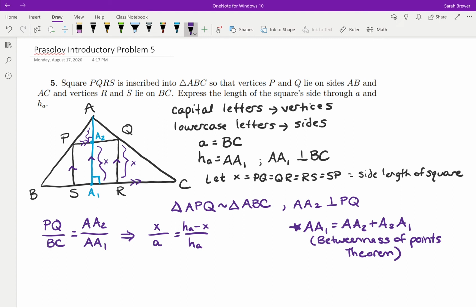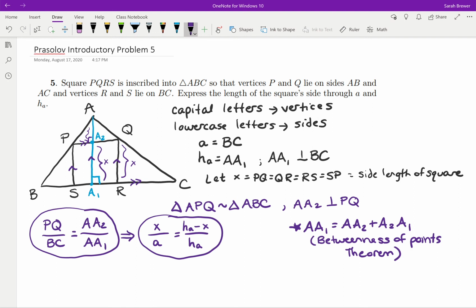So if you need to, pause and take a minute and make sure you can understand why I was able to replace this expression with this expression, because that's really the key here, right? Once you have the similar triangles and are able to set things up, it's replacing one symbolic expression with a more useful symbolic expression.